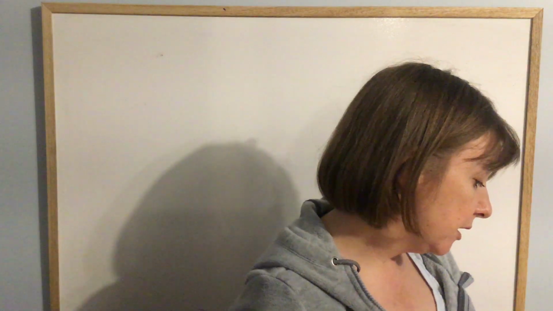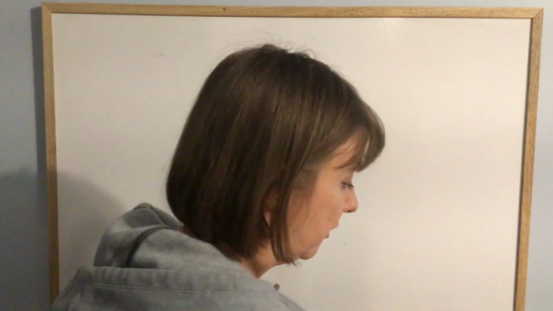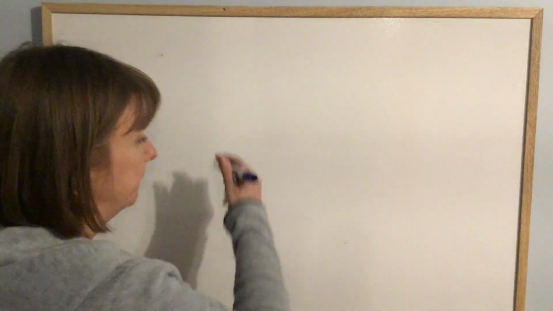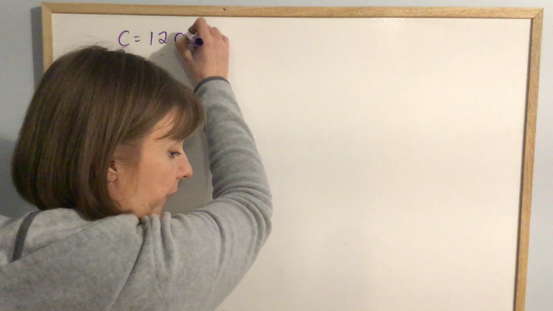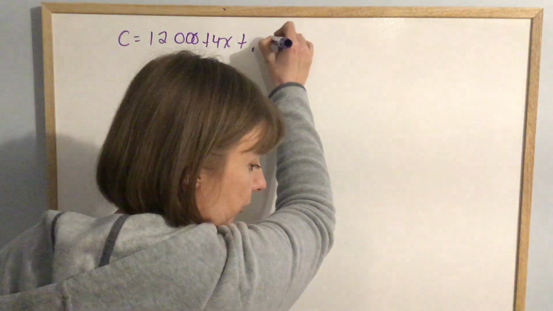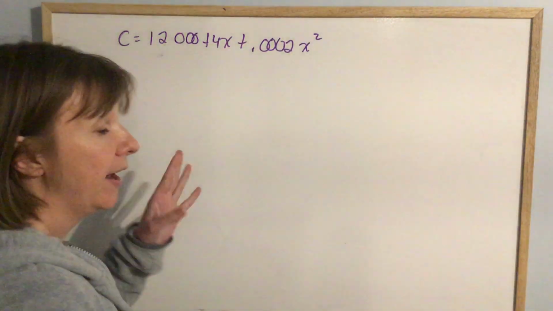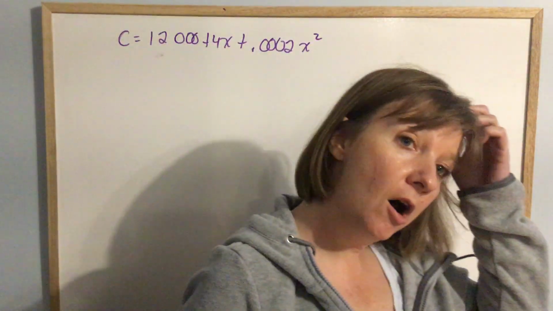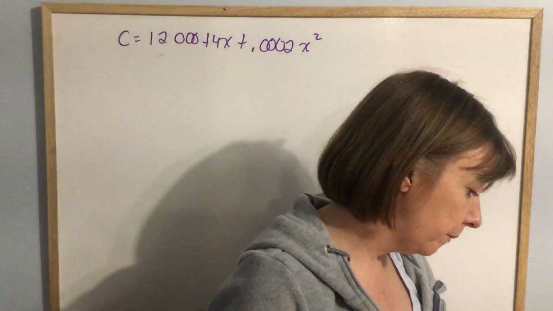A winery in the Niagara region has determined that the cost of producing x number of bottles of wine is $12,000 plus 4x plus 0.0002x squared. That is the formula for the cost associated with making a certain amount of wine.